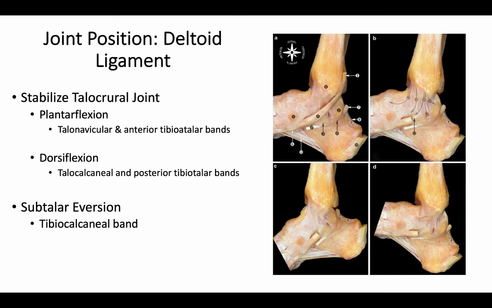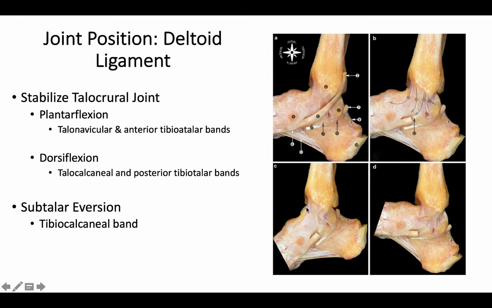So here we have the medial side of the ankle. We can see the deltoid or medial collateral ligament here, just deep to the posterior tibial tendon here, and then we see the 4 bands of the ligament here when the tendon's been removed.